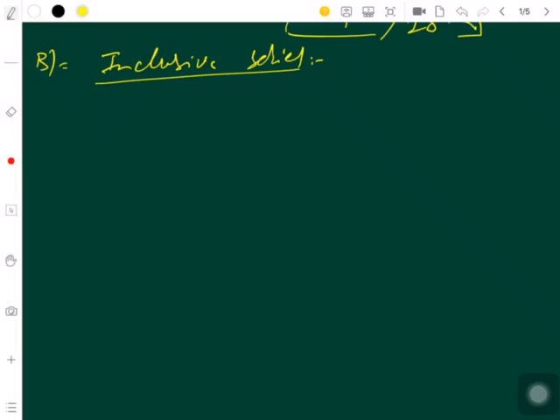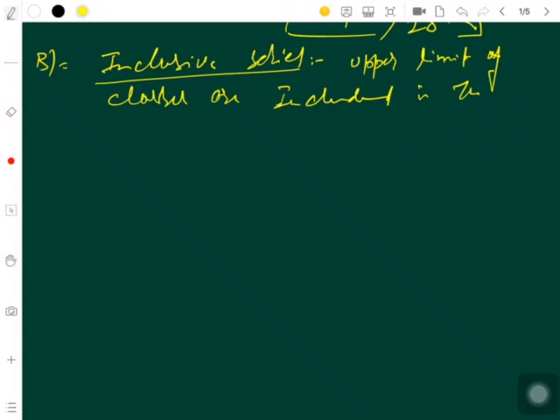So inclusive series is that the upper limit of classes are included in the respective classes. So that means the upper limit will be taken or calculated, included in the same class.